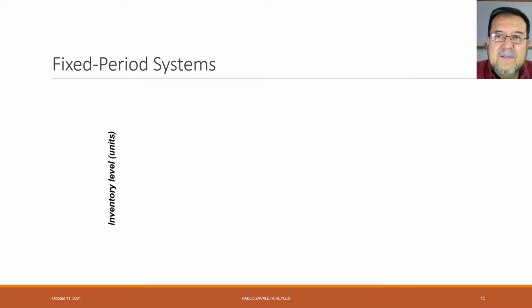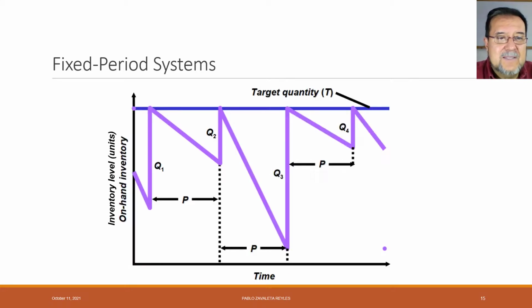In difference to the fixed period systems, where what is constant here is the time that passes between each order.